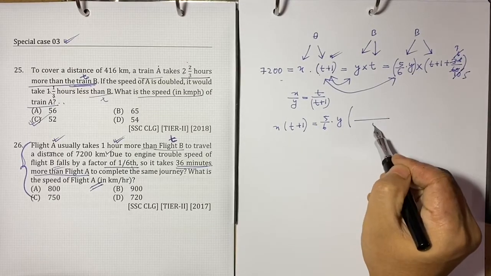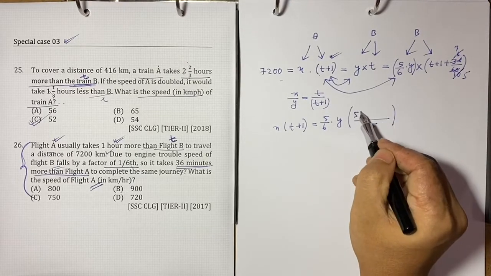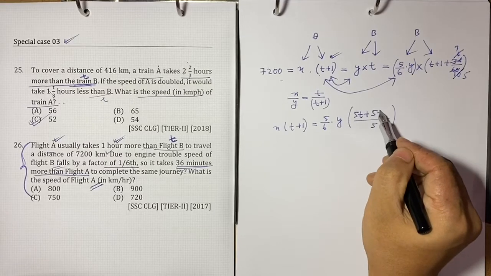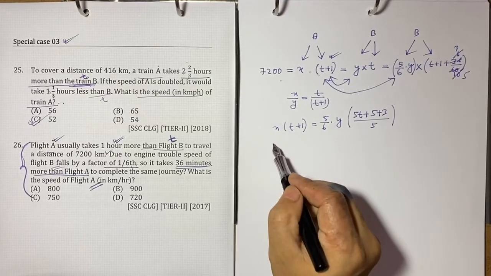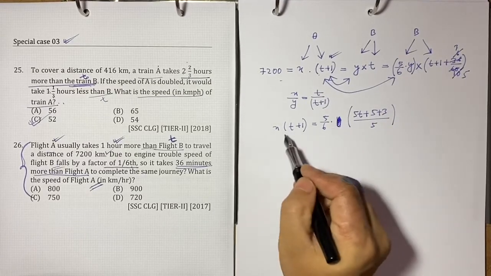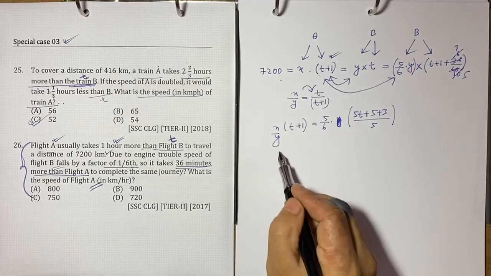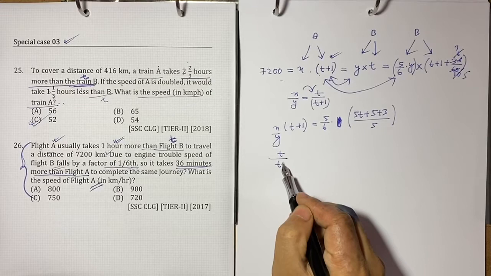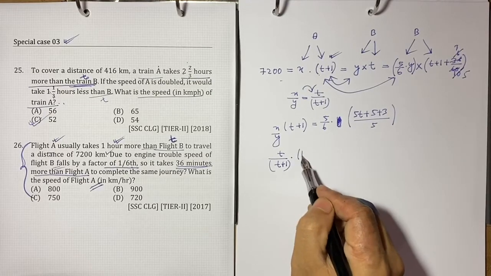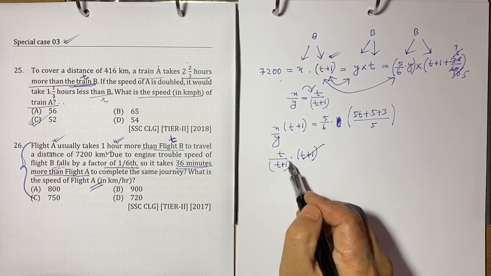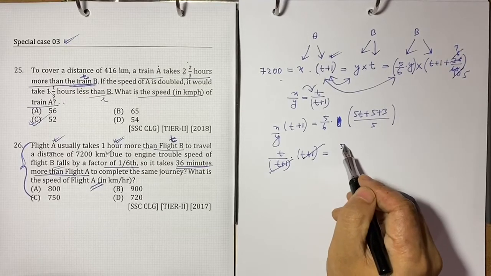So taking the LCM, we get 5t plus 5 plus 3. Here I can write x by y as t divided by t plus 1, into t plus 1, cancel, 5 by 6.